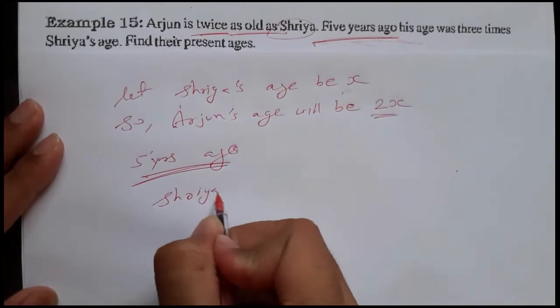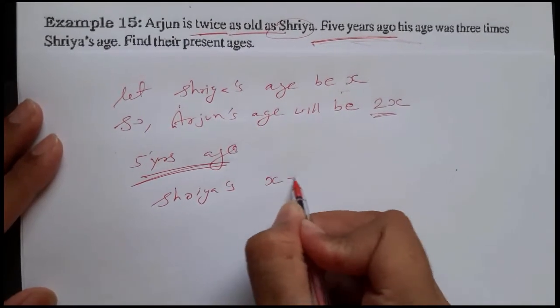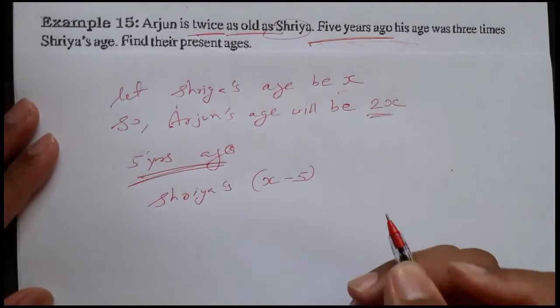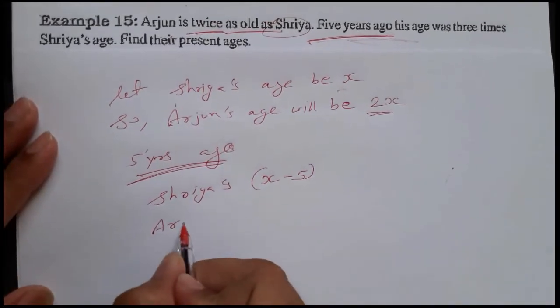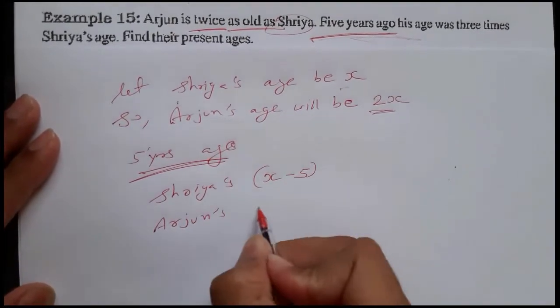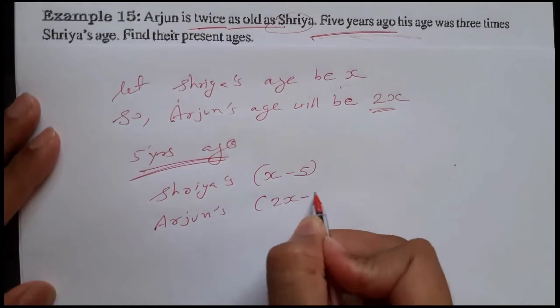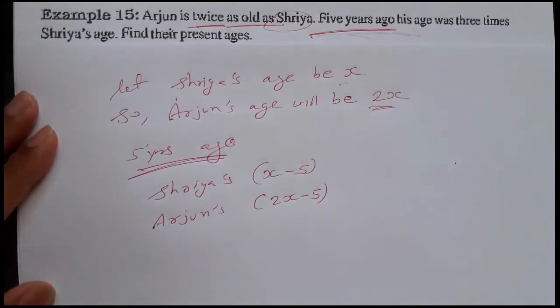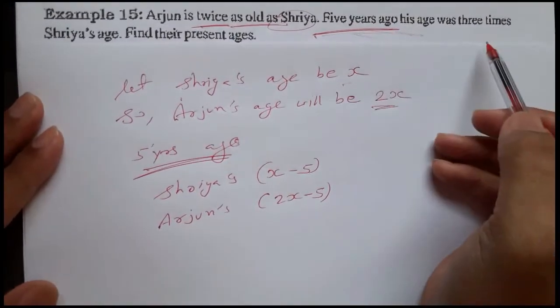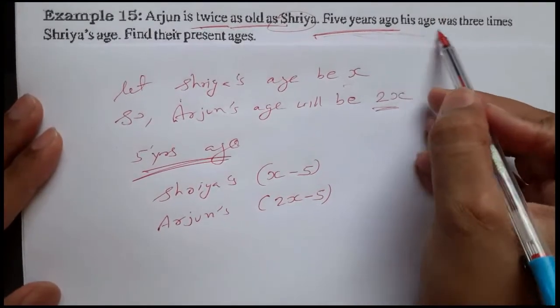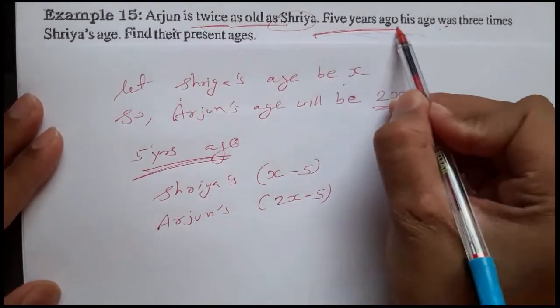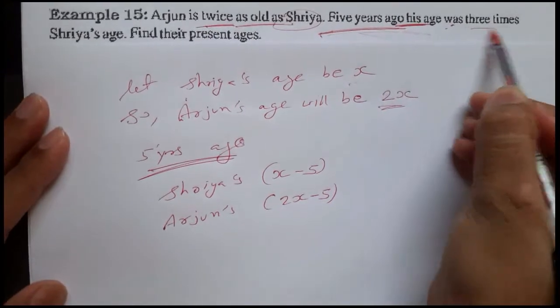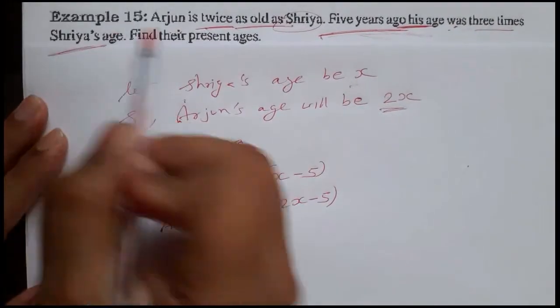For Shreya, age 5 years ago will be x minus 5. And for Arjun, 5 years ago will be 2x minus 5. Now here it is given that 5 years ago his age was 3 times Shreya's age.